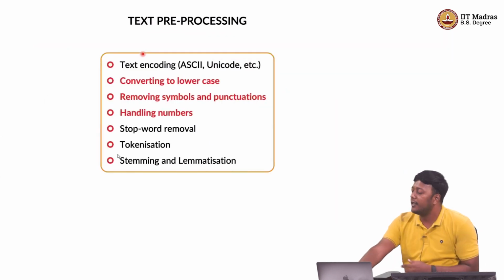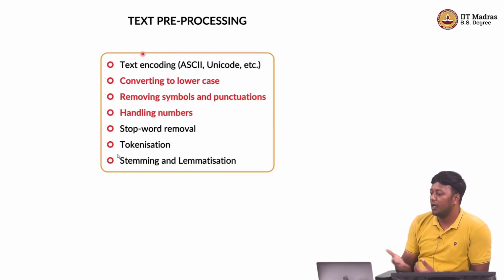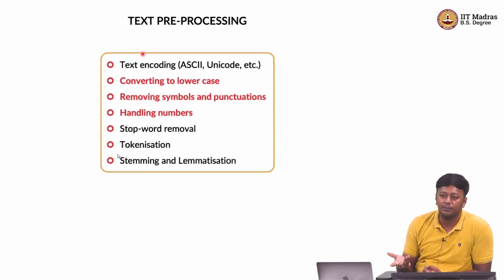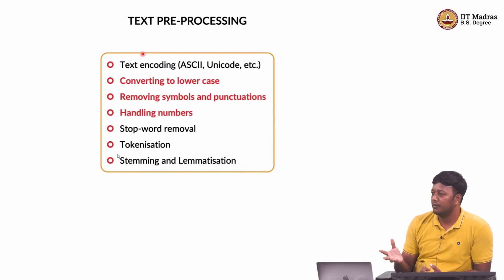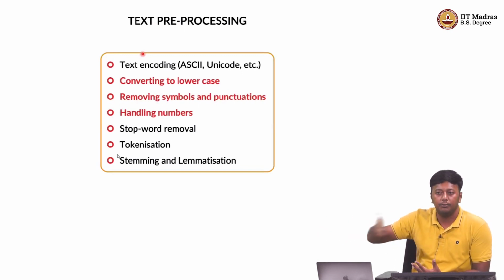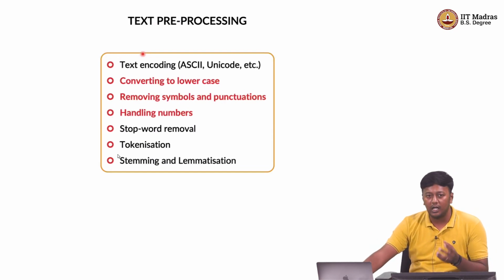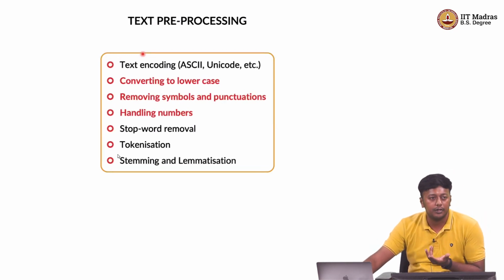When you do that, you can go to the next set of simple things, which is straightforward: convert to lowercase, remove symbols, punctuations, numbers. You write some simple rules that take care of those processes. For example, remove everything that's HTTPS, meaning remove URLs, and you have a predefined set of symbols, at, slash, punctuations, anything, remove.